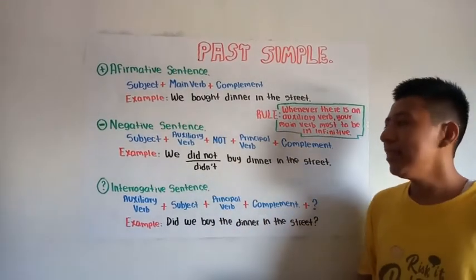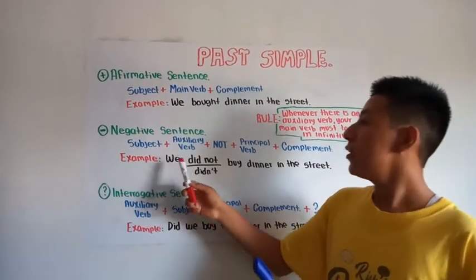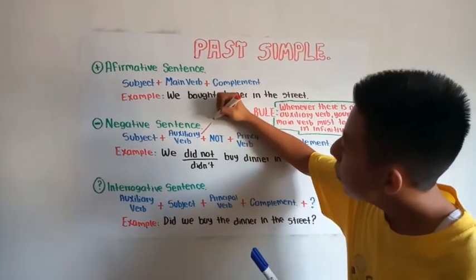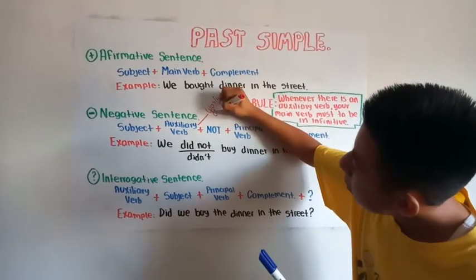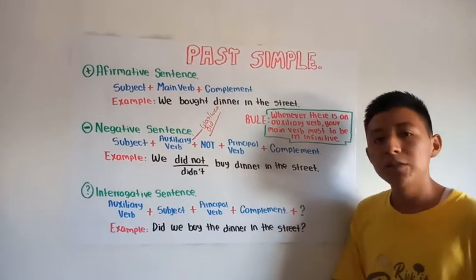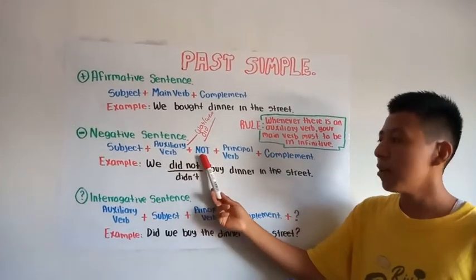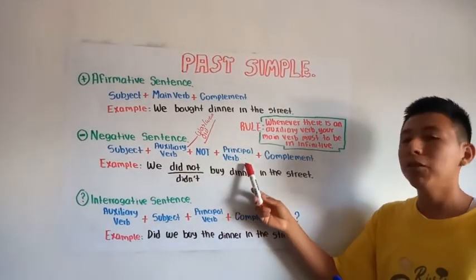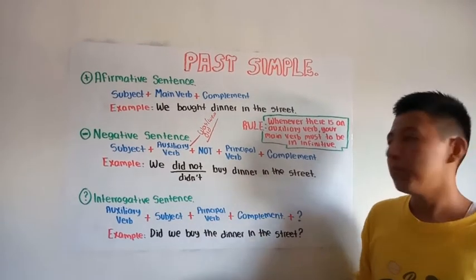In a negative sentence, you have to put your subject, your auxiliary verb. Remember that your auxiliary verb could be was, were, or did. There are two different options to put your auxiliary verb in the sentence. After, not, because it's a negative sentence. After, your principal verb in infinitive.